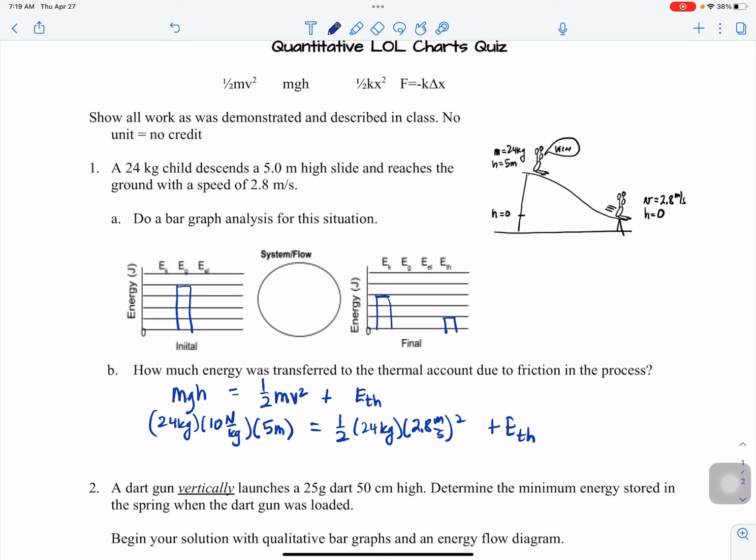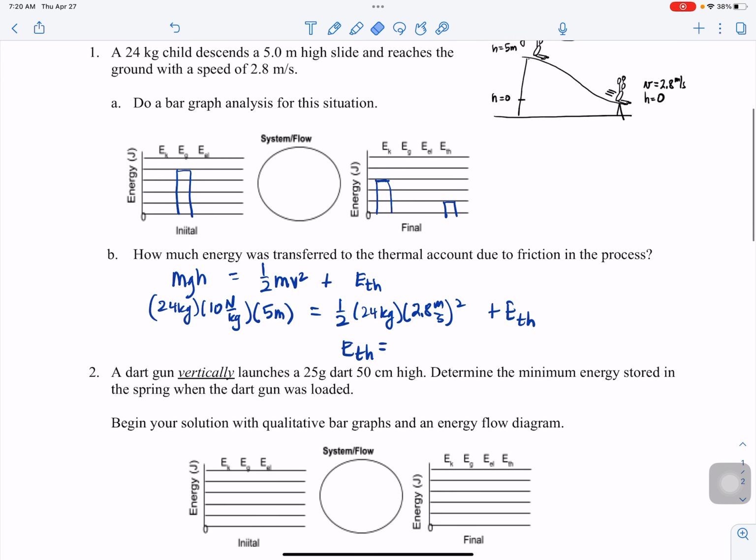Then you substitute in the values to get ETH equals your final answer. I'm not going to take the time to do that because there are people who have not taken the quiz, but basically you are going to find this value and then subtract this from this value, and that will give you ETH in joules.